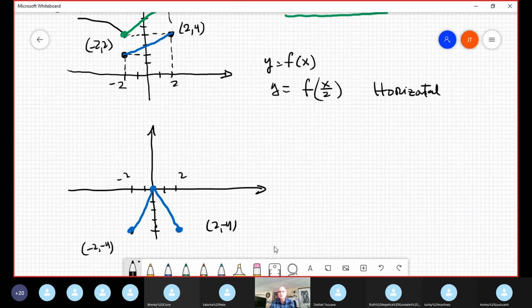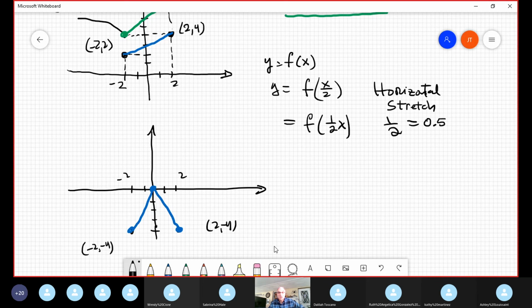Horizontal compress or horizontal stretch. You need to remember, the coefficient in that case is 1/2, so this is 1/2 x, and 1/2 in decimal is 0.5. So actually, what we are doing is multiplication by 0.5. So it's basically a horizontal stretch.